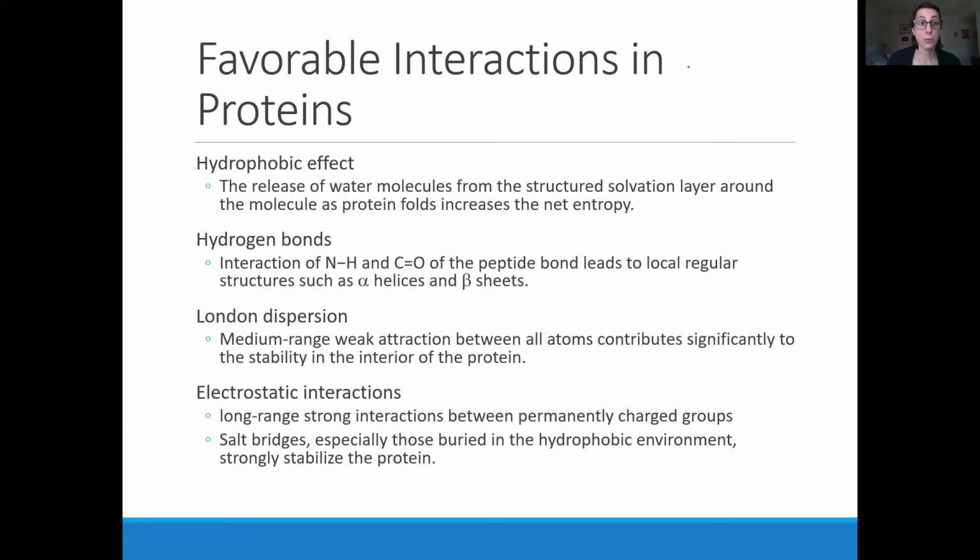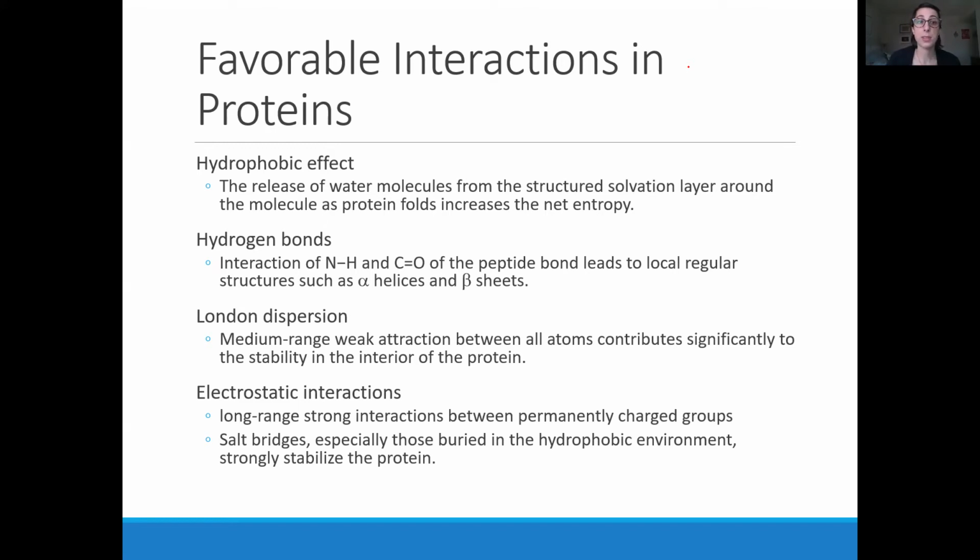So the hydrophobic effect is one interaction we spoke a lot about, which again is not a bond, but is an effect where hydrophobic molecules will tend to cluster together to escape the water molecules. And this is actually entropically favorable. We also talked about hydrogen bonds.